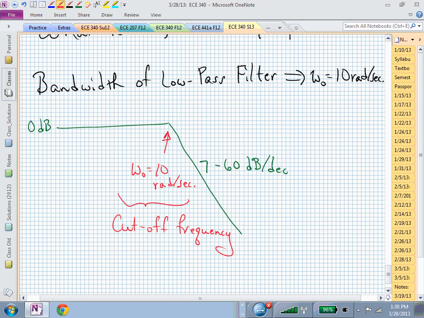We now have sinusoids that are DC up to 10 radians per second that we would like to treat nicely. We want to pass those. We're low-pass filtering. This now tells us that if we're trying to capture that information, if we were simulating it, how fast would we sample something that was at 10 radians per second?